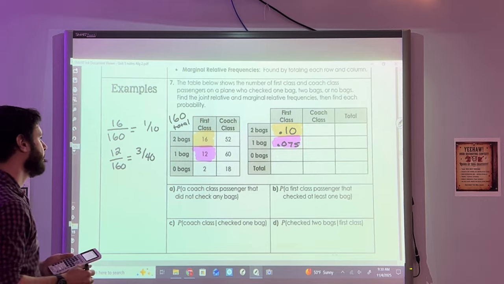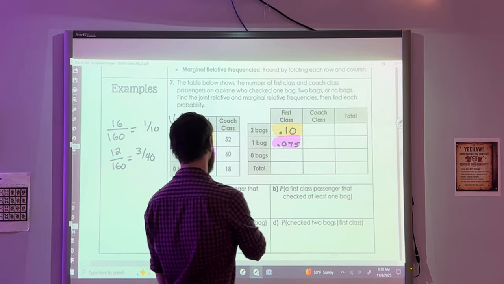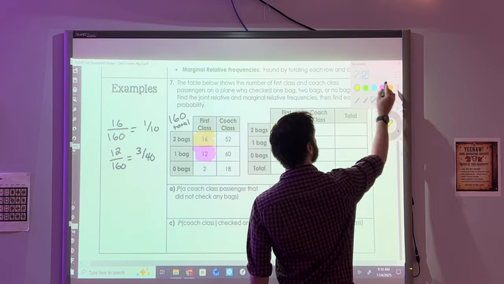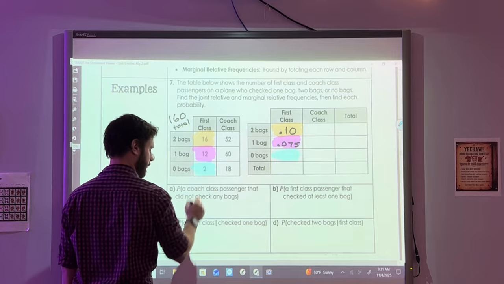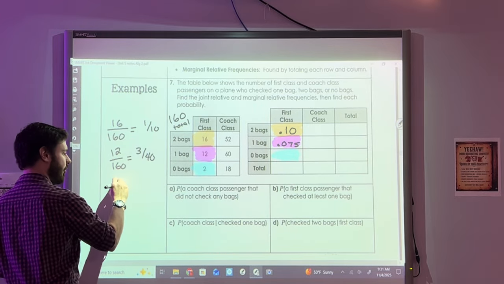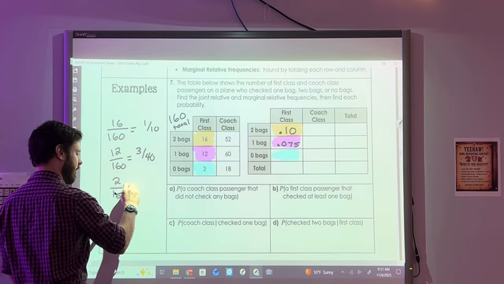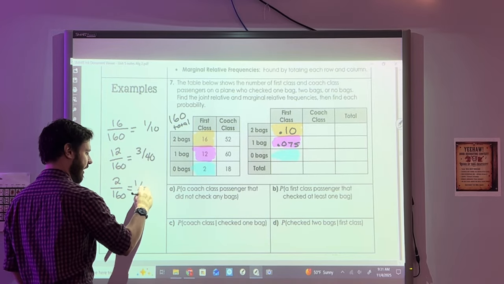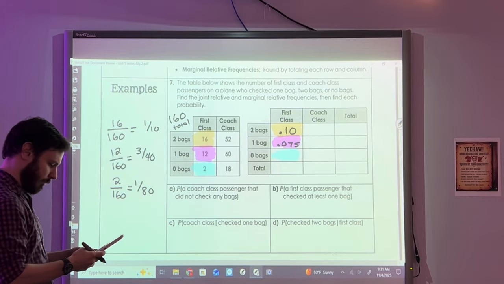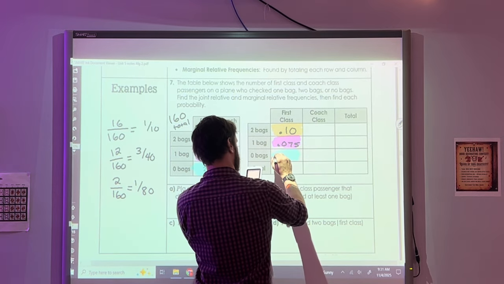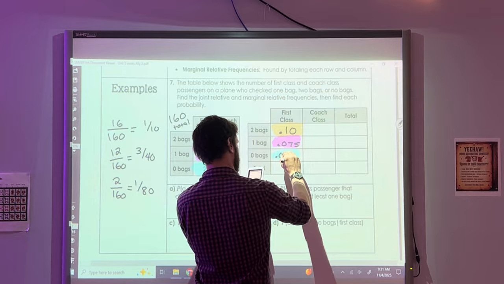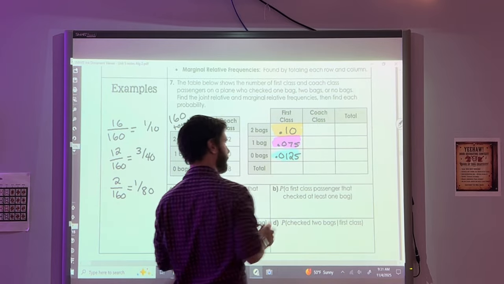Okay. And no bags, 2 out of 160, and that's going to be 1/80. 0.0125.